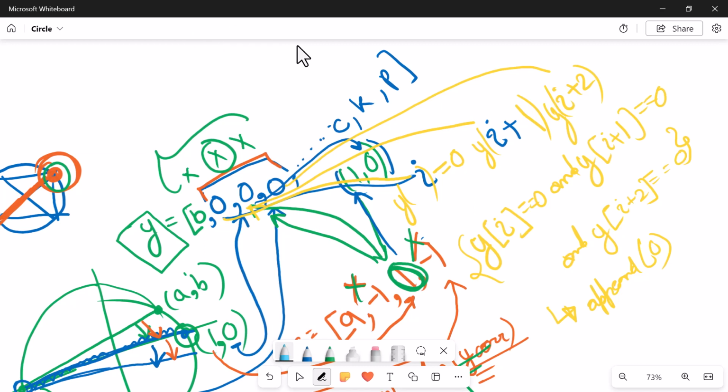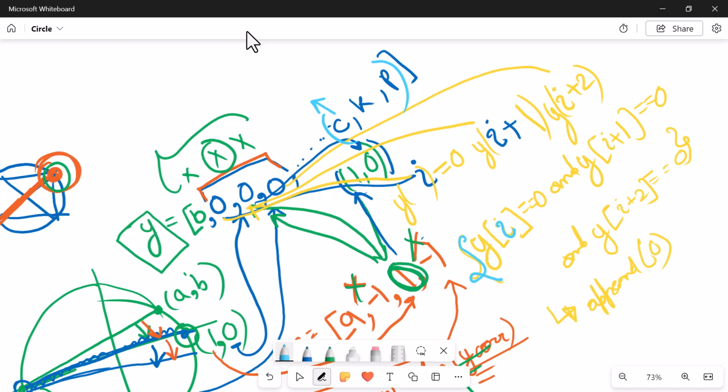If it hits, let's say, the C part, it will check for the ith part, which is C, the I plus 1th part, which is K, and the I plus 2th part, which is P. If this condition is checked at this point, then the Python interpreter won't have any problem.